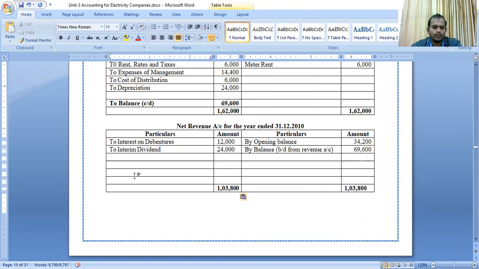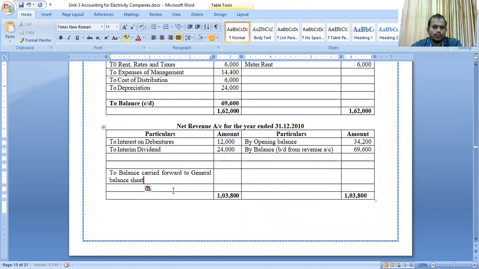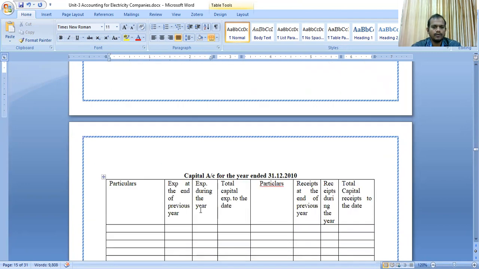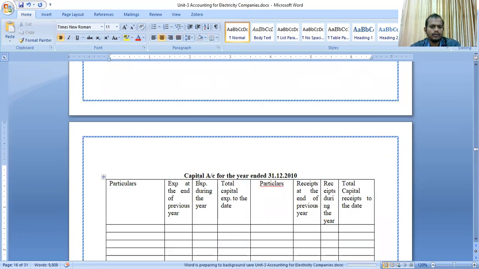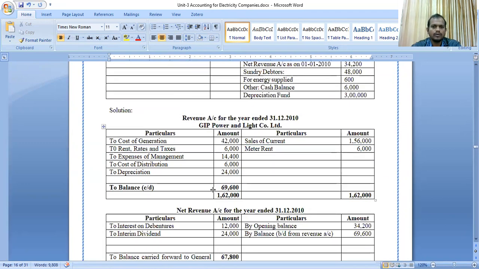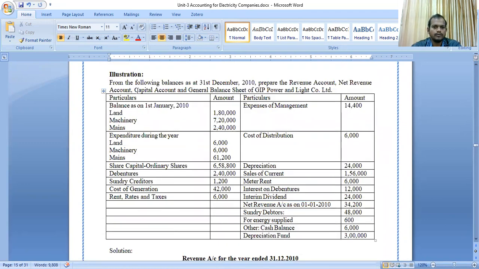So to balance carry forward to the general balance sheet, it comes around 67,800. Okay, and then we have to prepare the capital account and general balance sheet.